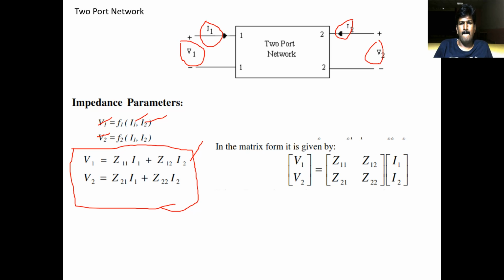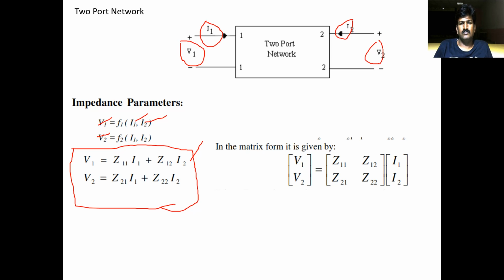Z11 is nothing but V1 divided by I1 when the output circuit is open. Z12 is V1 divided by I2 when the input circuit is open.